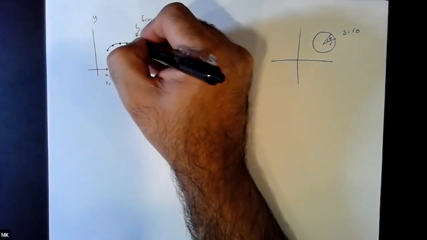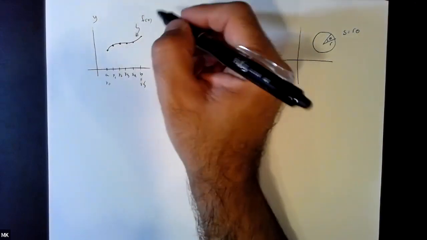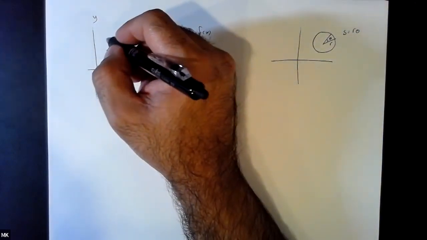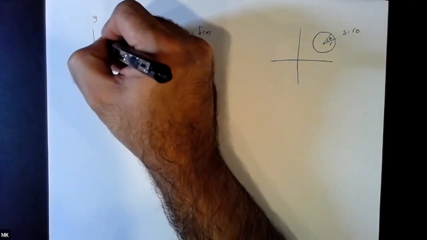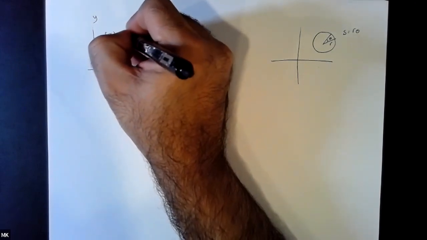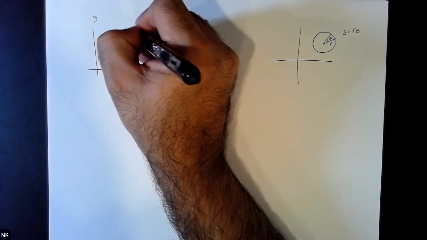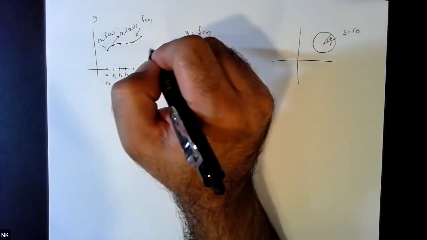I have a partition of size 5, but it need not be the case. Of course, we're going to take the limit as n goes to infinity. So this point would be x0, f of x0. This one would be x1, f of x1, and so on: x2, f of x2, x3, f of x3, and so forth.